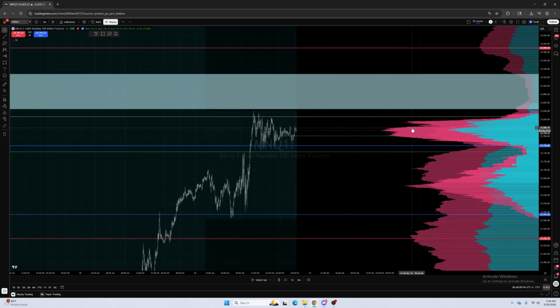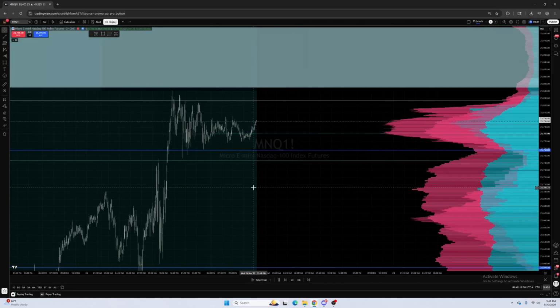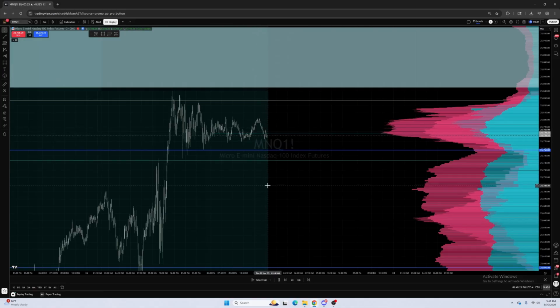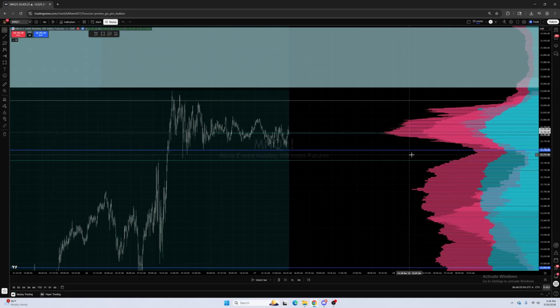Seeing we're staying in this high volume node area, right? Pretty choppy. It's building volume in a resistance zone, so you can expect a big push one way. See how it's falling in a high volume node area?